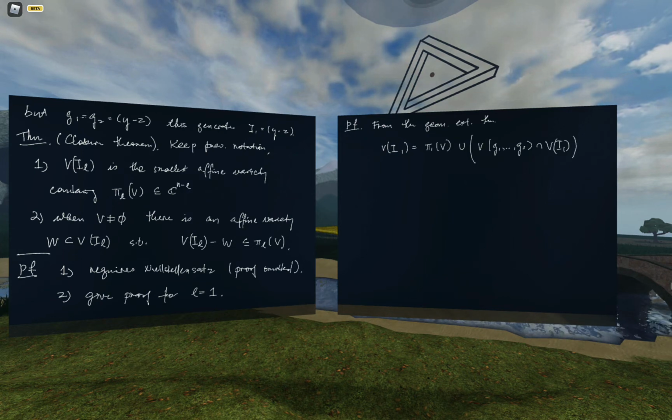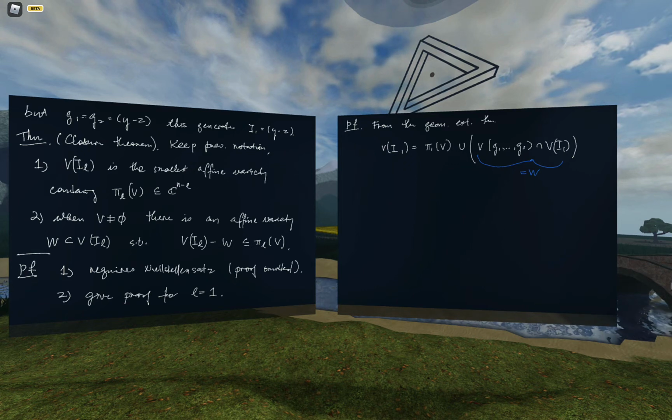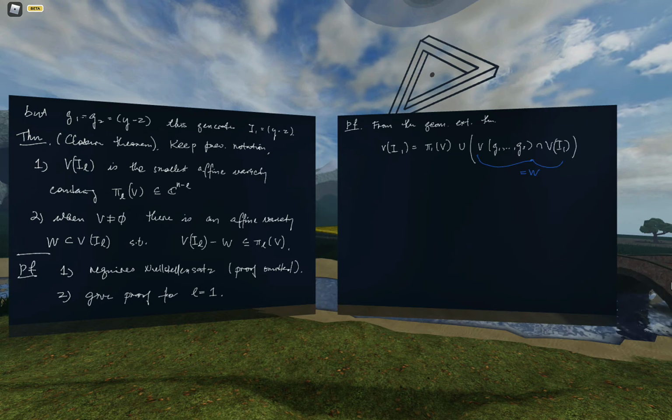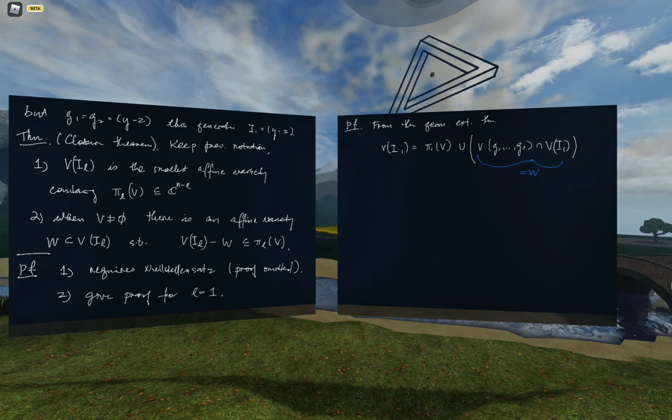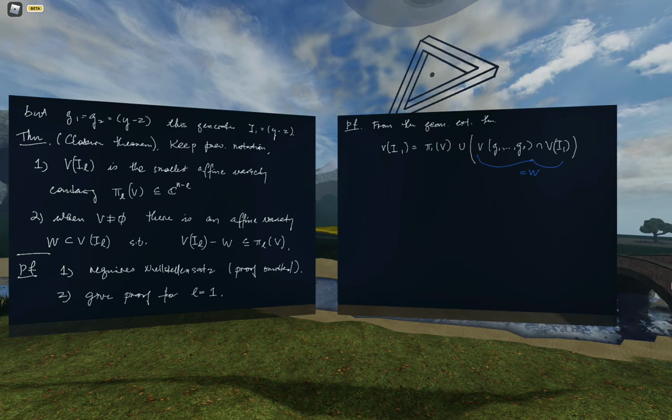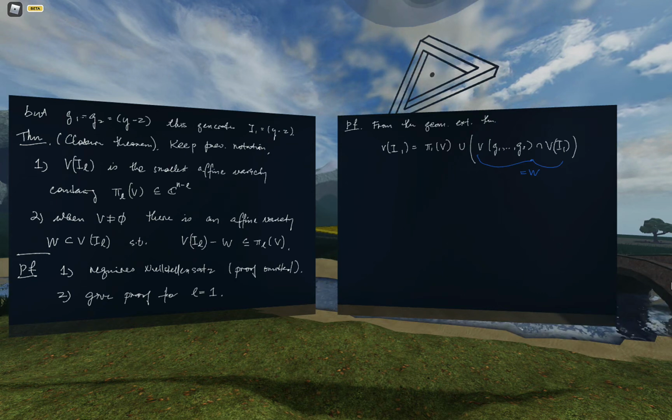We're going to call this thing W. The statement of the theorem says that you take a piece W from V(I_1), you get rid of it, and that should be contained in π_1(V). But it can happen, as we saw in the previous example, that W is all of V(I_1), and then the statement of the theorem is kind of vacuous. Of course, when you take the whole thing away, the empty set is inside there.